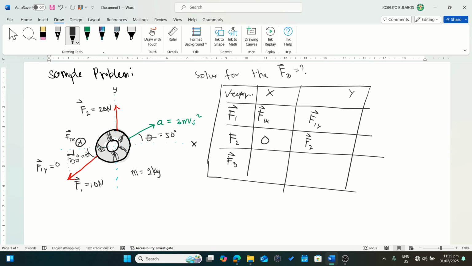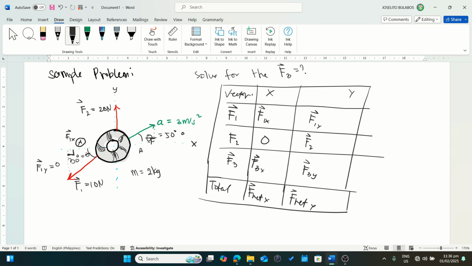For our F3, our x-axis must be F3 along x, and our y-axis must be F3 along y. Okay, don't forget to get the sum. So the total must be F net along x, and this one is F net along y. We're not actually putting all the exact values per component. We're just looking for the actual equation corresponding to each of those components.